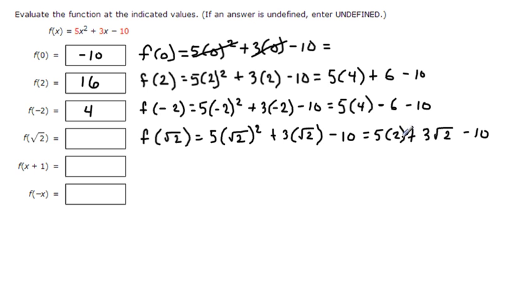Now, 5 times 2 is 10, and we're going to have a positive 10 and a negative 10, so these two add together to become 0, and what we're left with is 3 root 2.